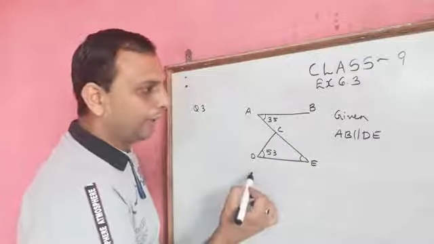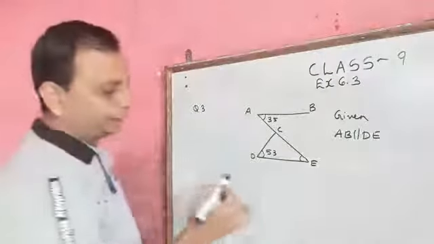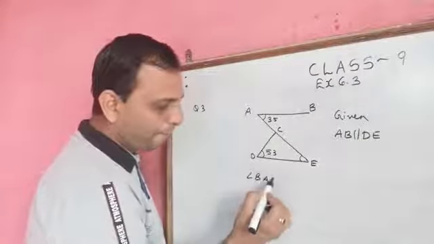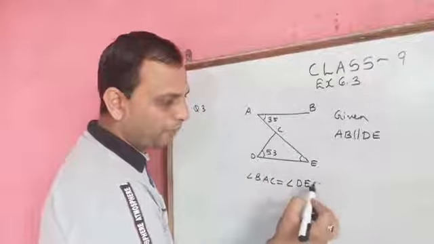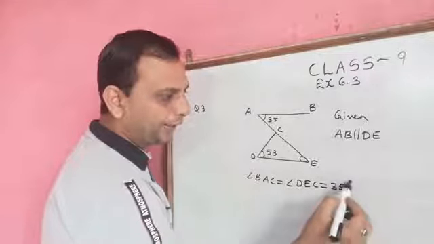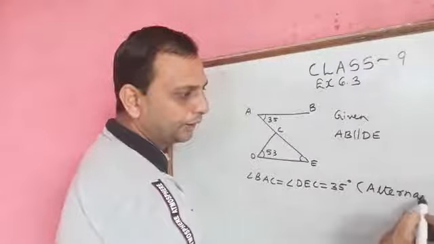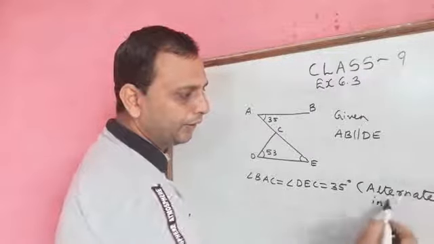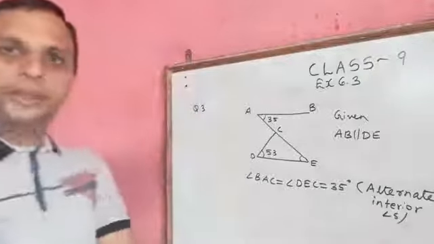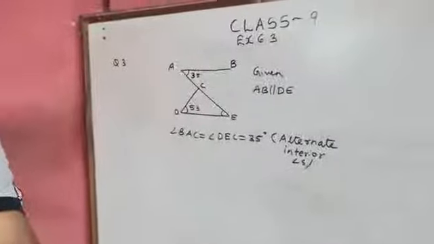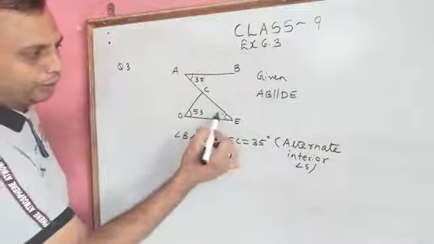We will write here angle BAC is equal to DEC, equal to 35 degrees, as they are alternate interior angles. Now we got the value 35.